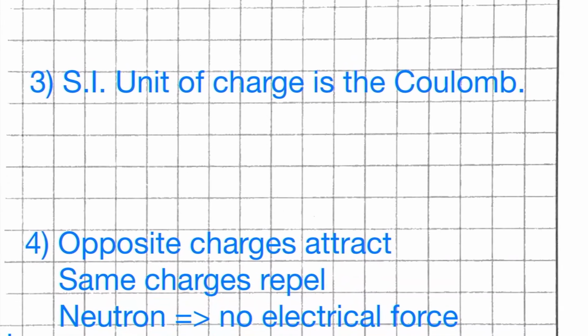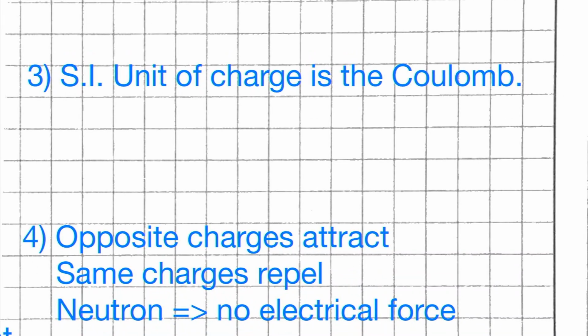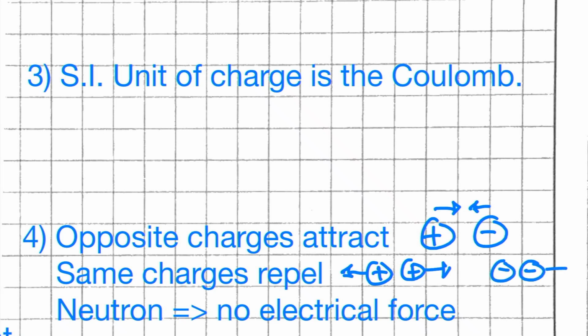And lastly, opposite charges attract. So a positive and a negative charge would attract. They will be attracted to each other. Same charges will repel. So if you have a plus and a plus, they're going to want to go away from each other. Same with a minus and a minus.